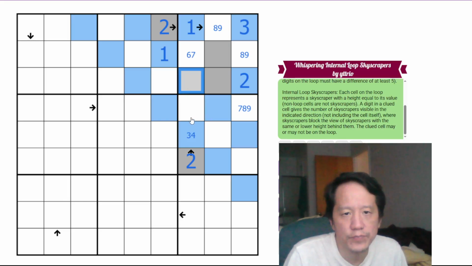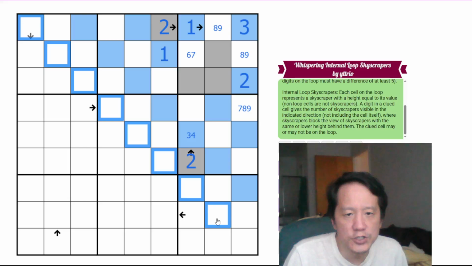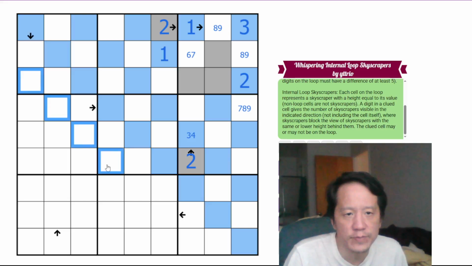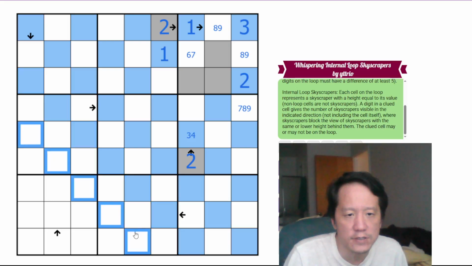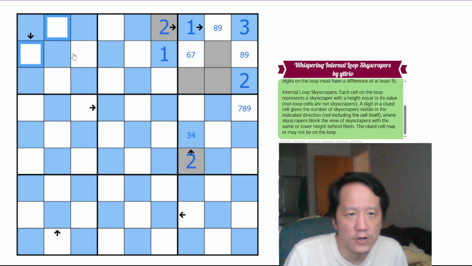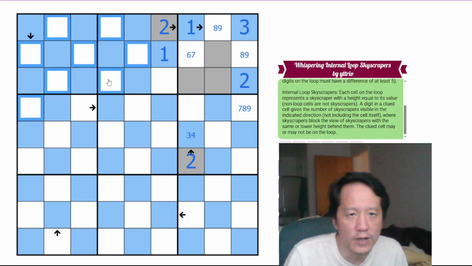Here, right? So like a checkered board pattern, this tells us some decent information, right? So if it's on the loop, it has to be a low in these cells. If these are on the loop, they have to be a high.